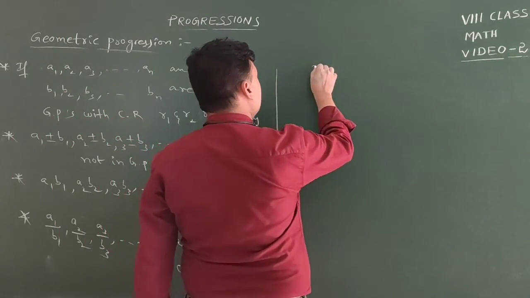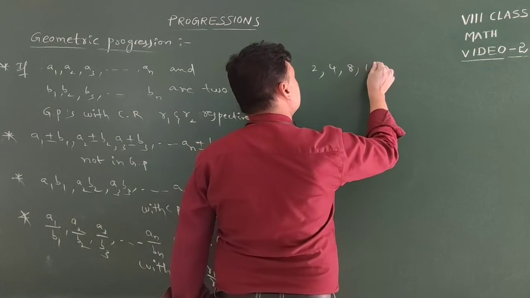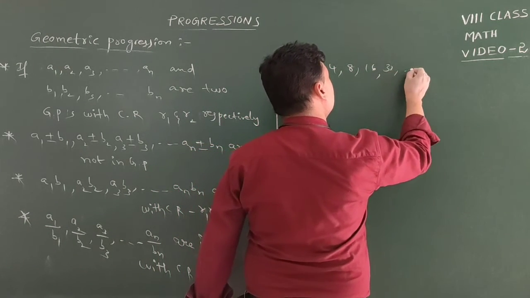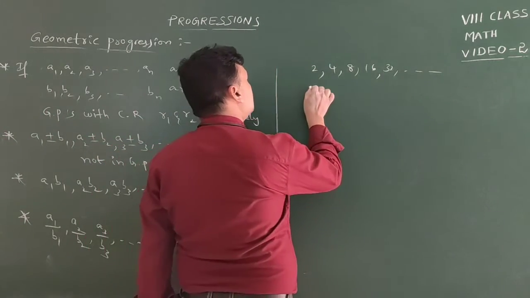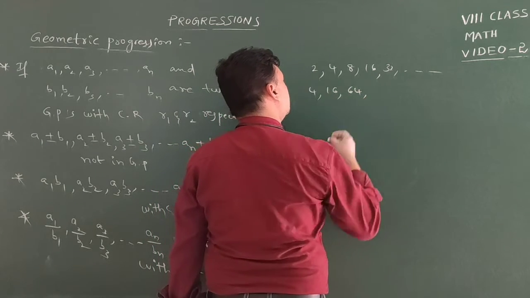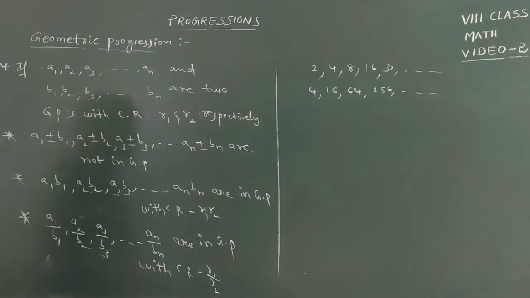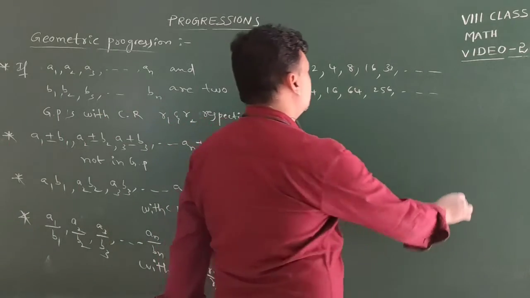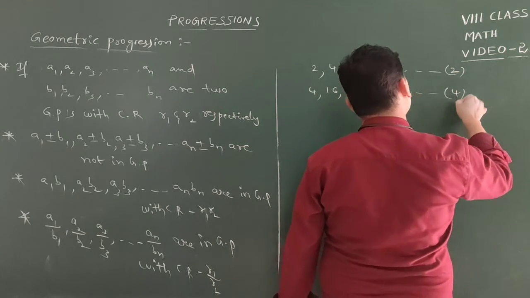For example, here 2, 4, 8, 16, 32 and so on. Next 4, 16, 64, 256 in this way again. Here the common ratio is 2, here the common ratio is 4.